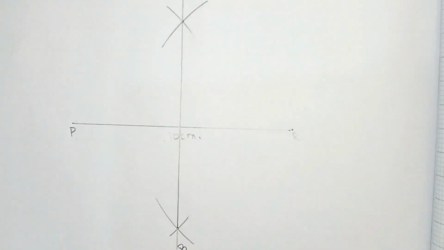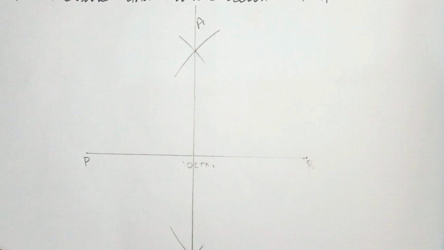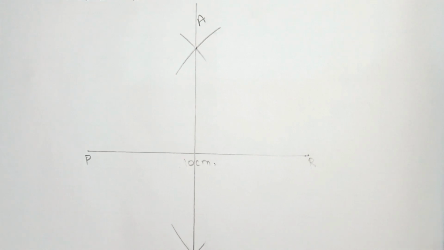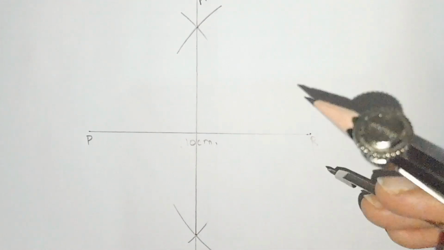Name of this line is AB, and we have to locate the points Q and S on this perpendicular bisector AB.